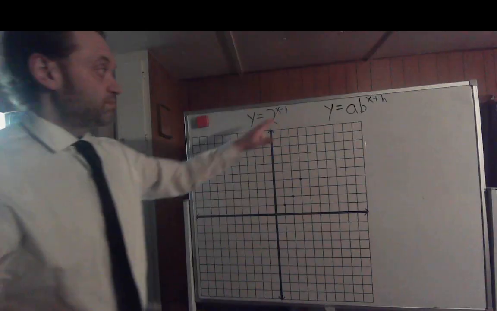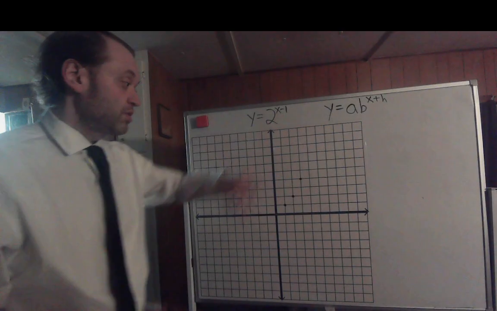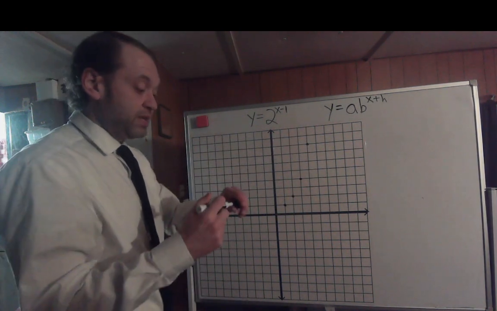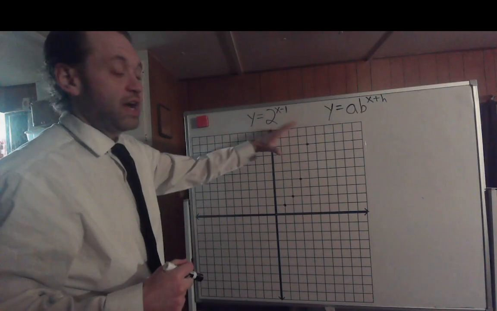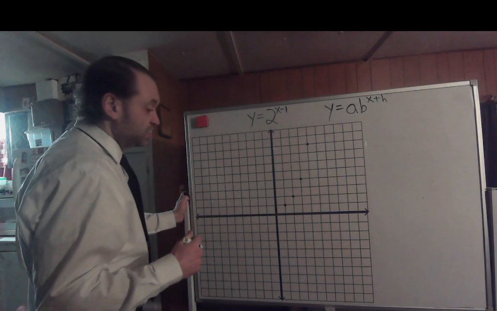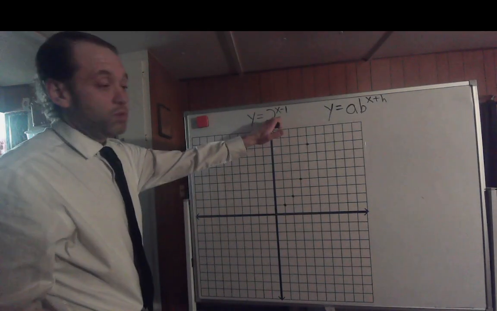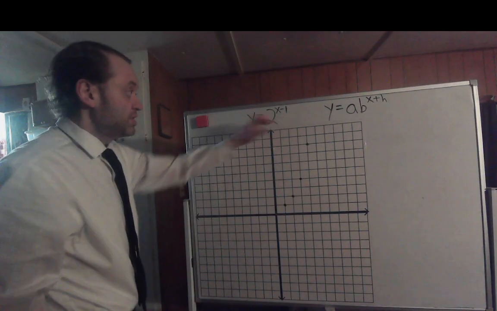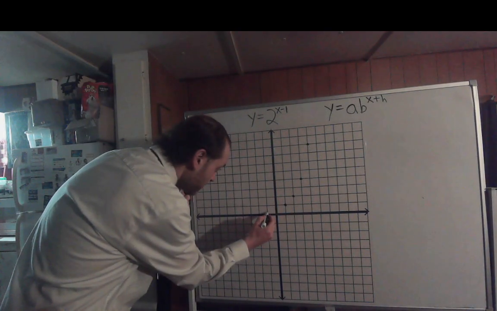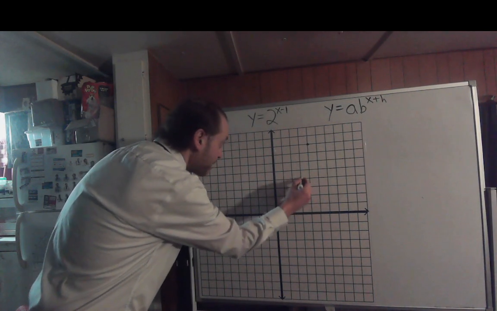And let's even do when x is 4. 2 to the 4 minus 1 is 2 to the third, which is 8. And as you see, it's still getting exponentially bigger, but it's taking greater and greater values of x to do that. And then, heck, let's do x being negative 1. So negative 1 minus 1 is negative 2. 2 to the negative second is 1/4. So let's graph this.